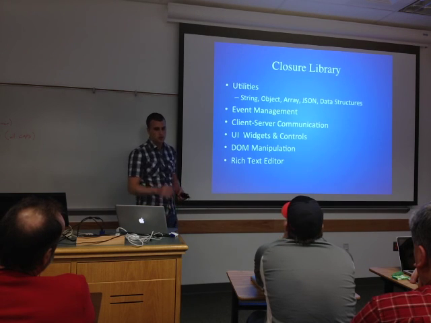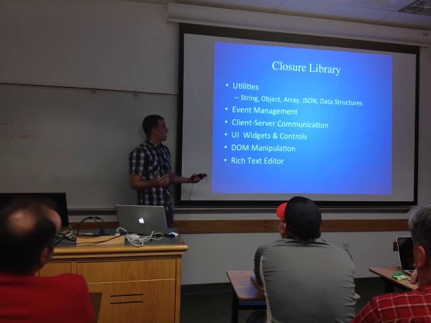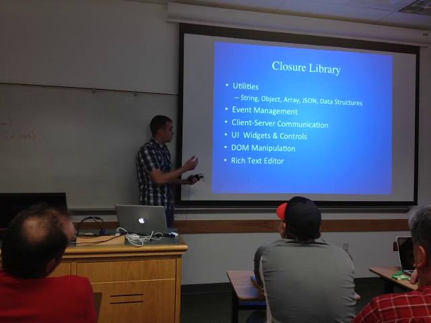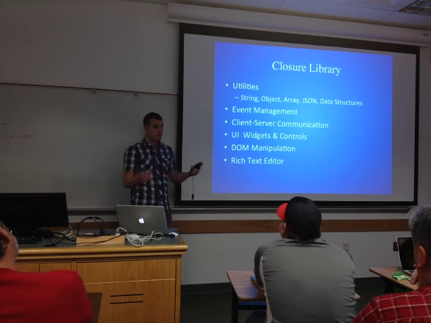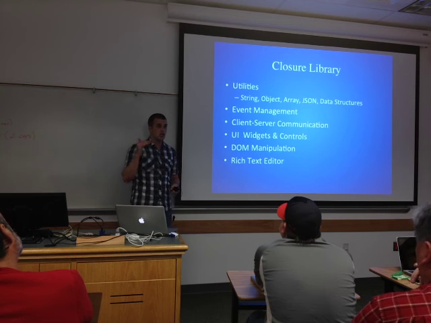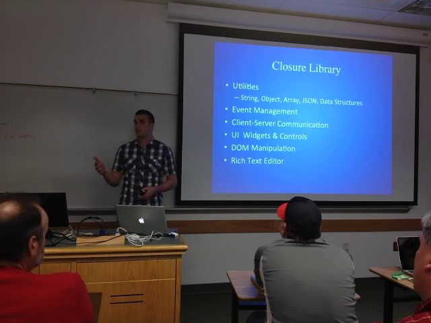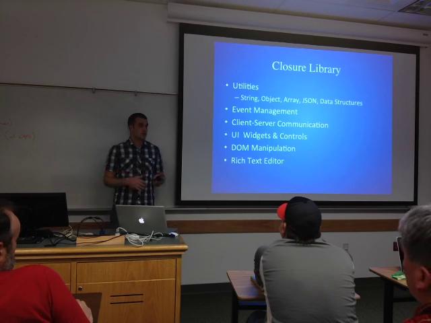The next step here is the Clojure library. So the Clojure library is a big set of code of utility methods, UI widgets, controls, rich text editors, event systems. So it's just a lot of libraries that Google has provided and included with this open source. For example, there's libraries that help you with date-time parsing, right?